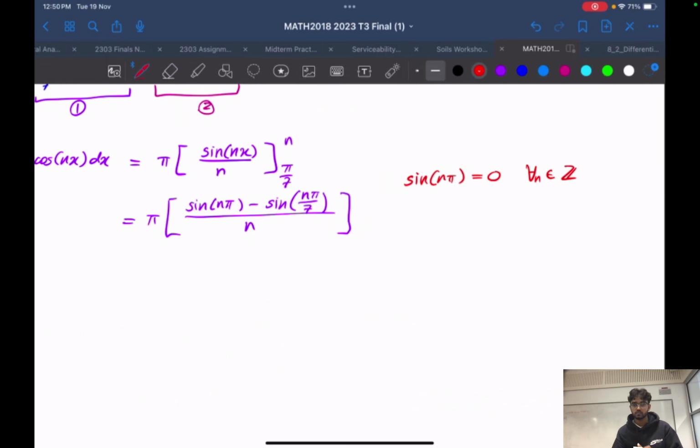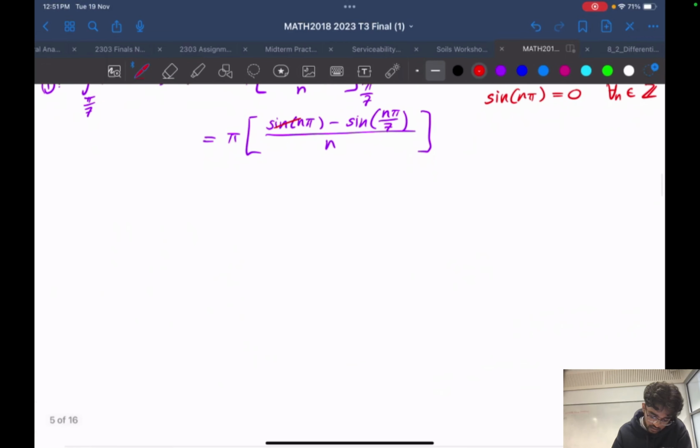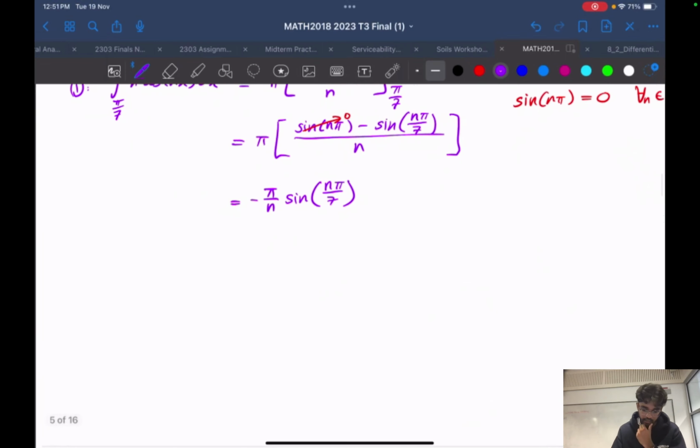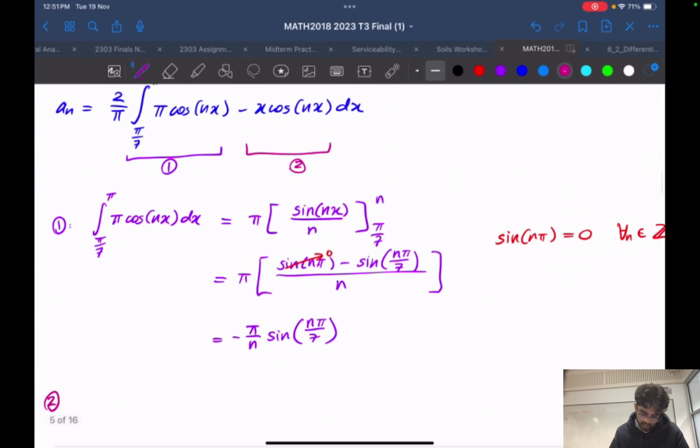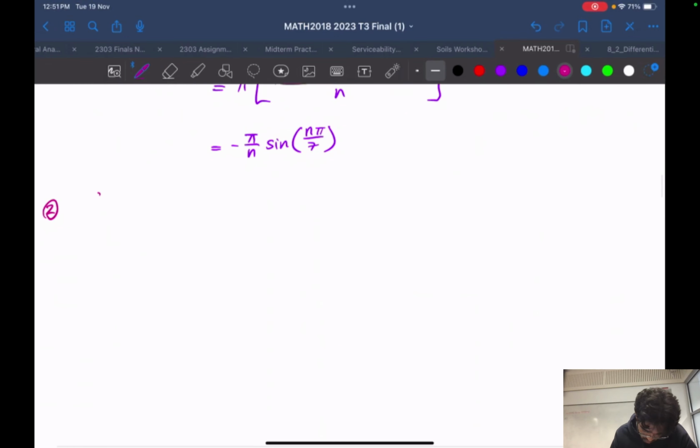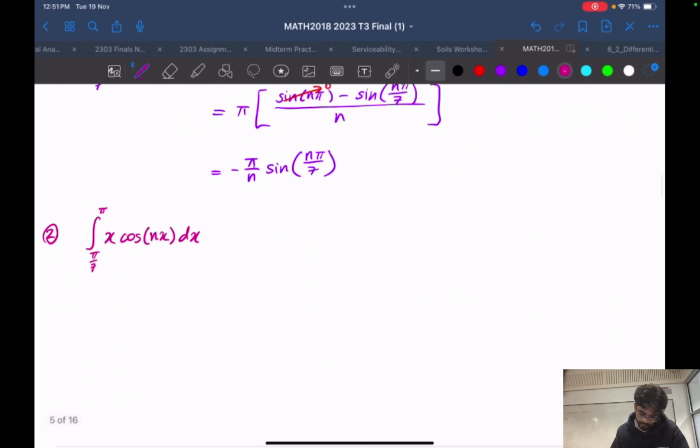So for all integer values of n, I'm just going to say this is equal to 0, and you get pi over n minus pi over n times sine of n pi over 7. Cool. Now the second integral is actually the long one. So we're dealing with the integral of x cos nx dx between pi on 7 and pi.